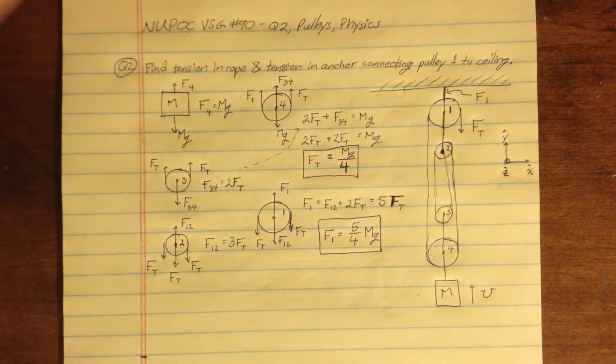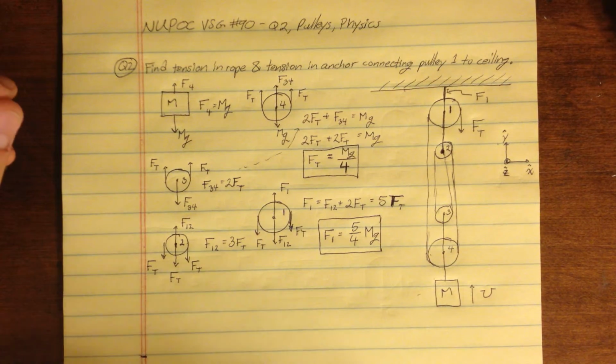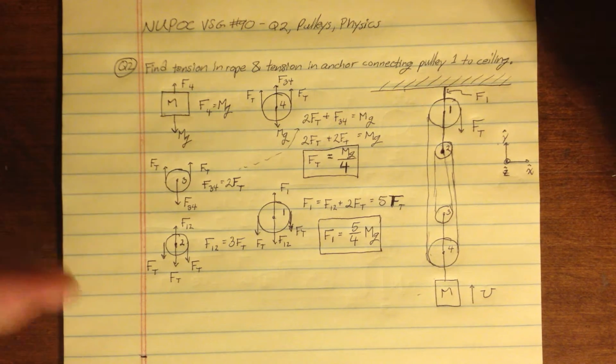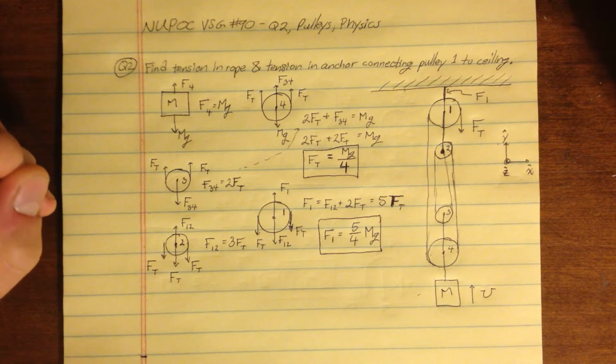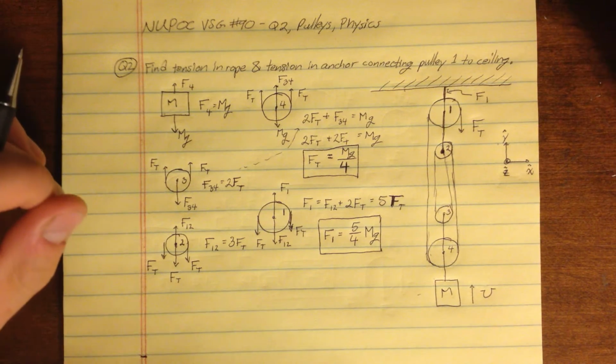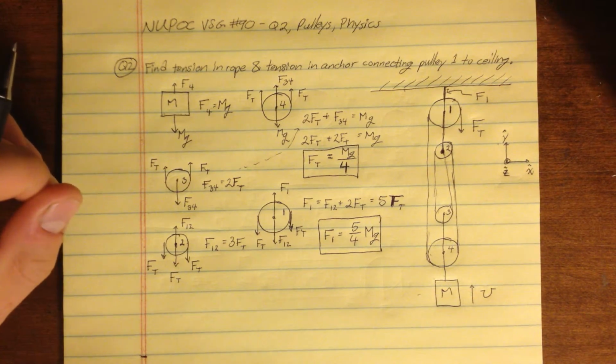The ceiling would still have to take the full load, but we could split it between 2 points. So it's just an interesting discussion on how to intuitively check whether the different loads in your pulley system make sense.